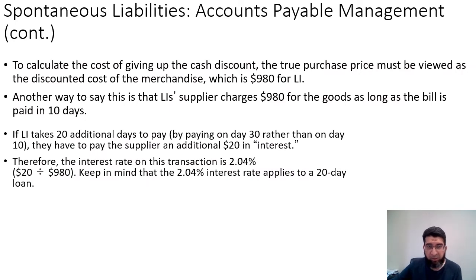Now to calculate the cost of giving up the cash discount, the true purchase price must be viewed as the discounted cost of the merchandise, which is 980. So we are not going to consider 1000. We are going to consider what was possible if paid earlier by availing the discount. Another way to say it is that Lee's supplier charges $980 for the goods as long as the bill is paid within 10 days.